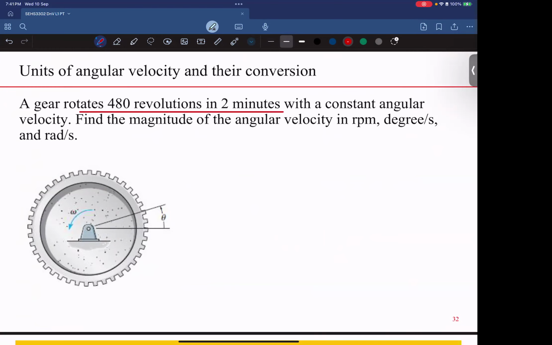Obviously, omega is constant, because it is a constant angular velocity. Therefore, angular velocity can be found by a division, delta theta over delta t.